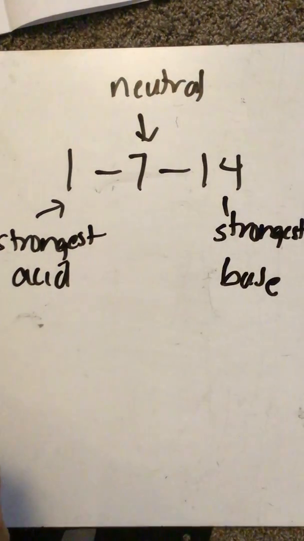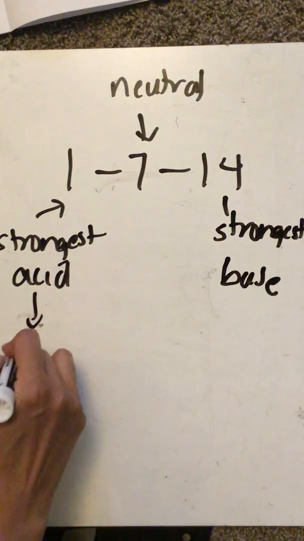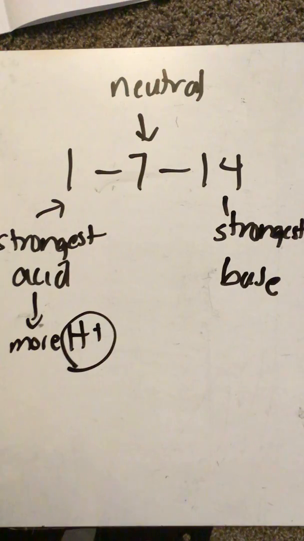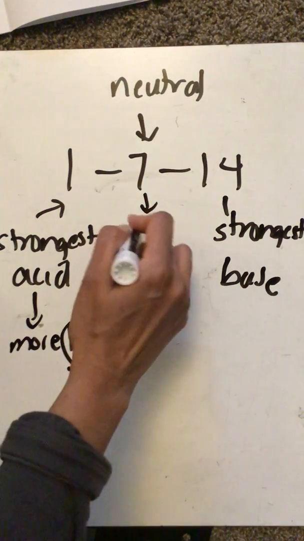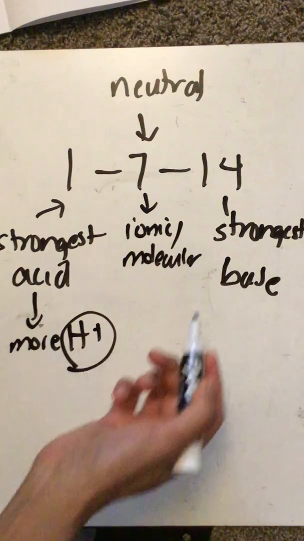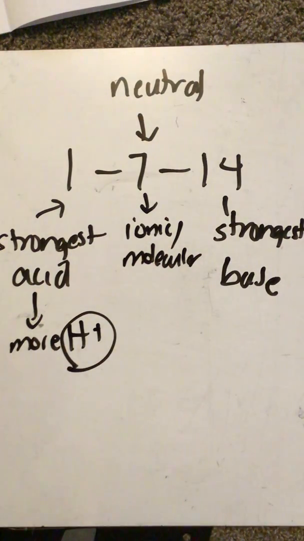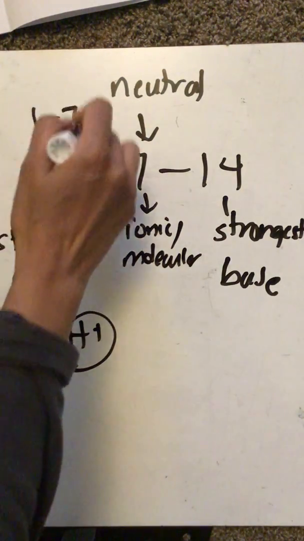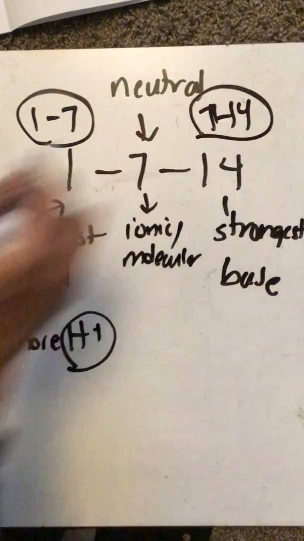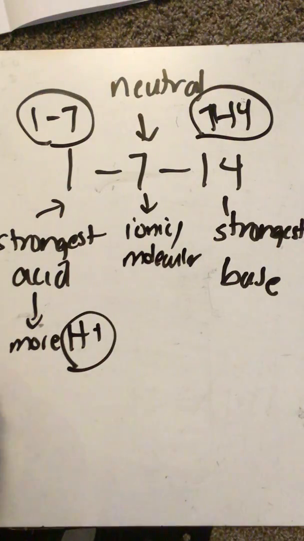The stronger the acid, the more H positive you're going to have. Remember, neutral will be ionic or molecular. Those are neutral. They have a pH of 7. But anything between 1 and 7 is an acid, and anything between 7 and 14 is a base.